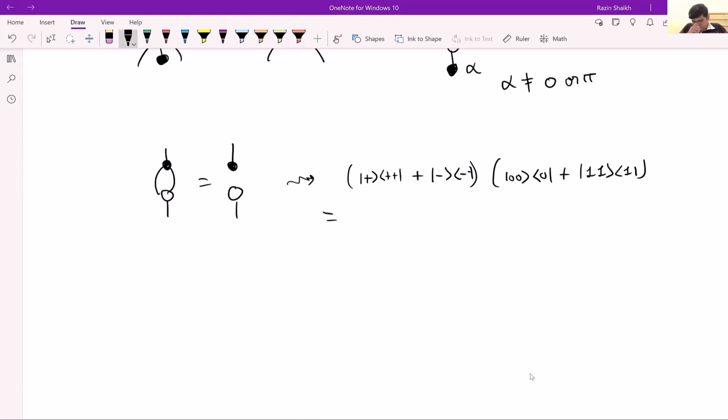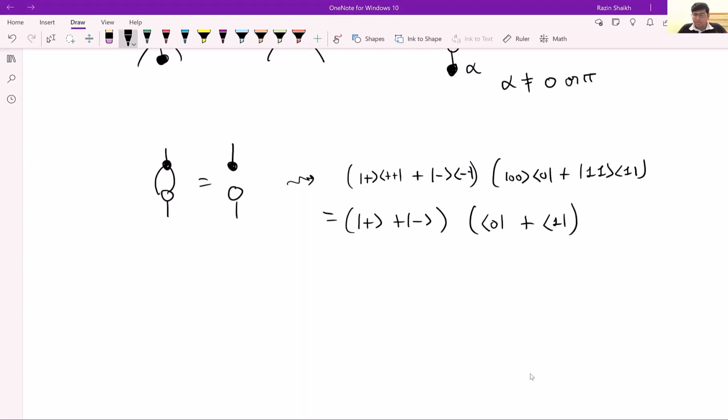I won't do the calculation because it's kind of tedious, and I encourage you to verify this for yourself. But this is the same as this diagram, which is plus, plus, minus, composed with 0, sorry, not this way, 0 plus 1.